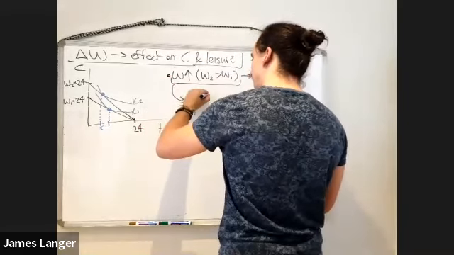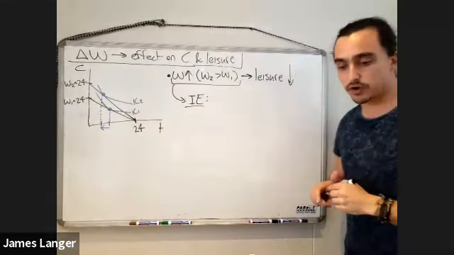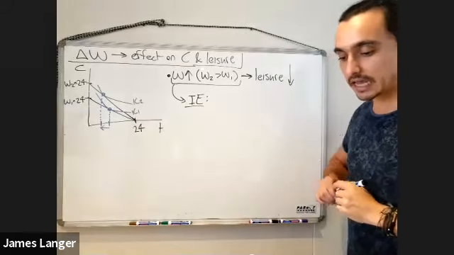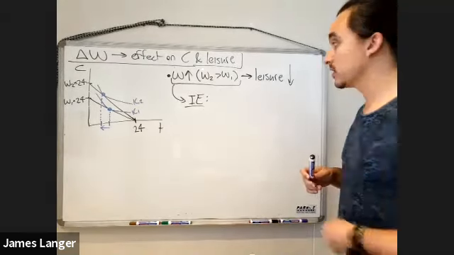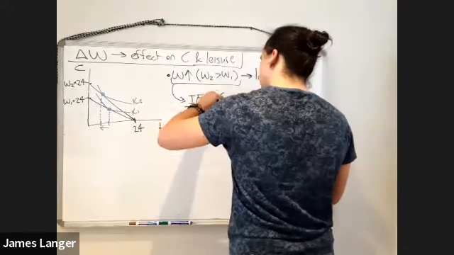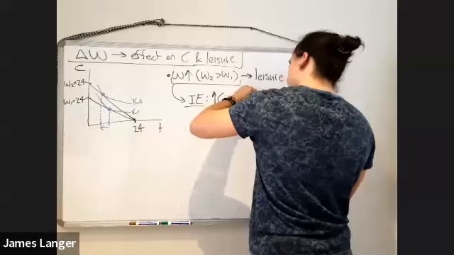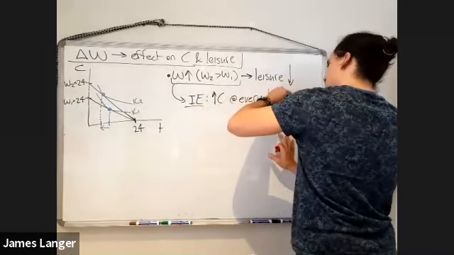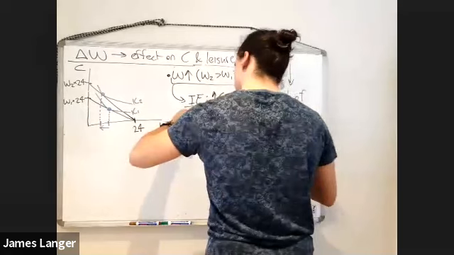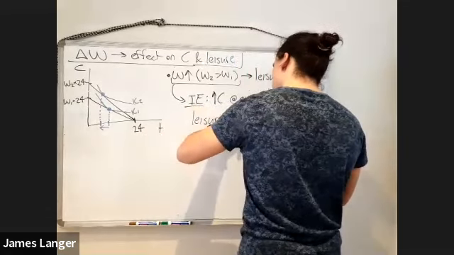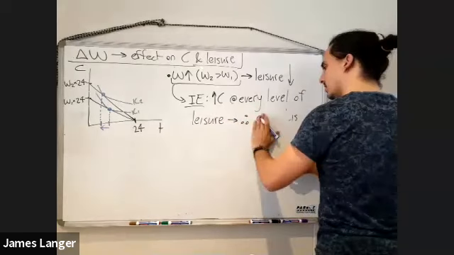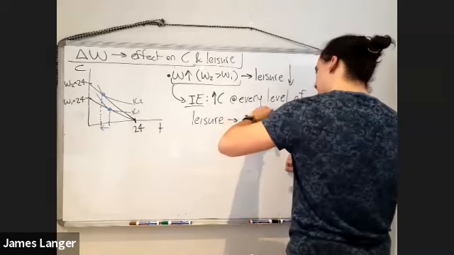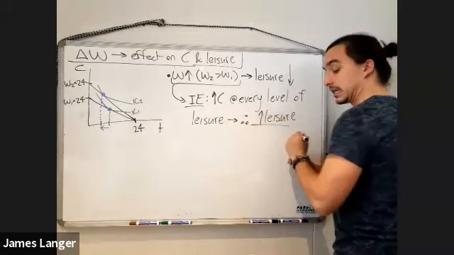So the income effect of a wage rate increase is saying that there is an increase in consumption at every level of leisure. Therefore, we can increase leisure.